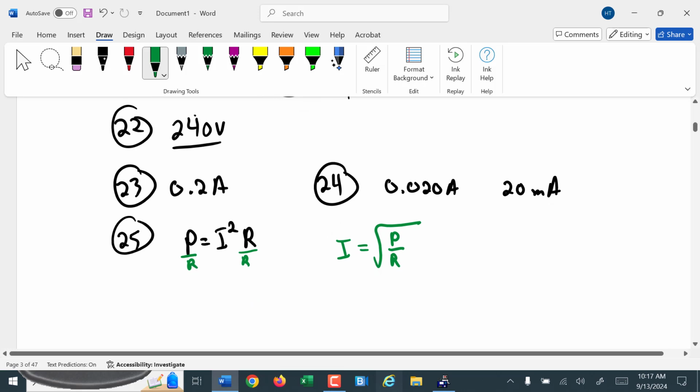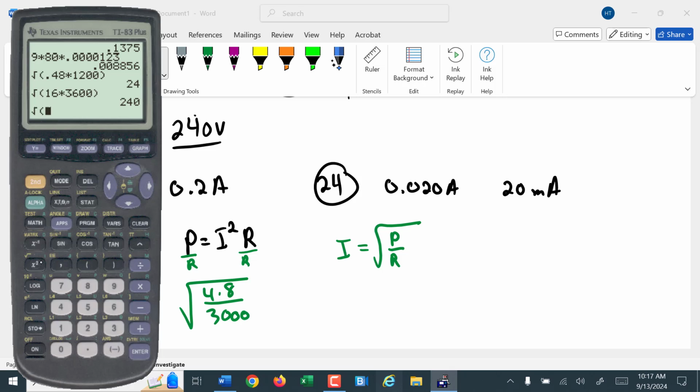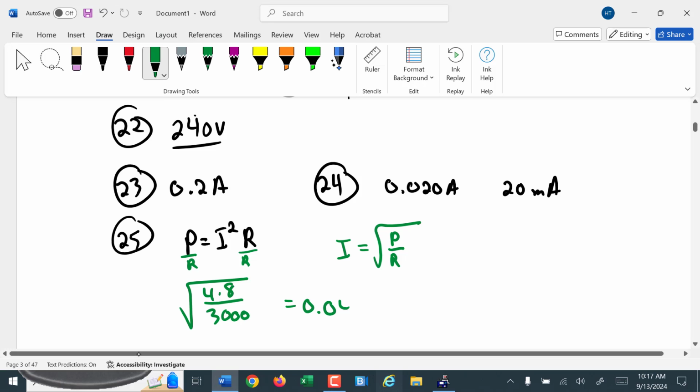So for 25, it's the square root of 4.8 watts divided by 3,000 ohms. So second square root, 4.8 divided by 3,000 gives us 0.04 amps, or 40 milliamps if you would prefer.